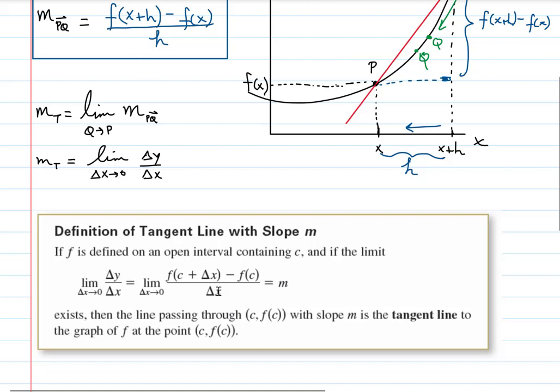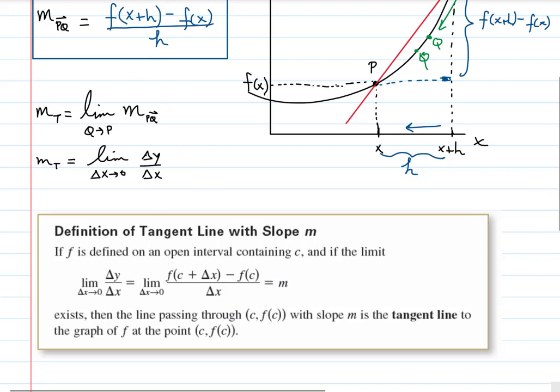The notation is slightly different here, they use different letters, but the c here just represents the point x in our diagram. We can relabel everything, but to match this definition, it's basically just taking the limit of this difference quotient, where again this delta x is just the h for us.